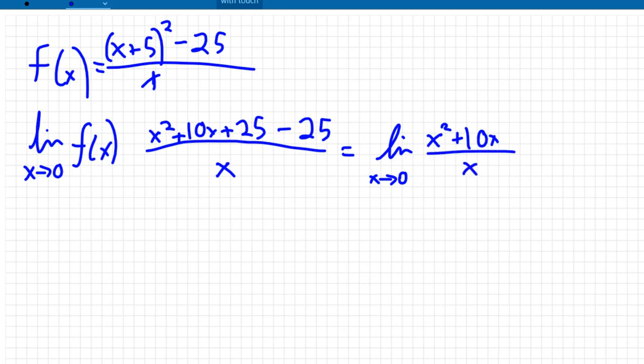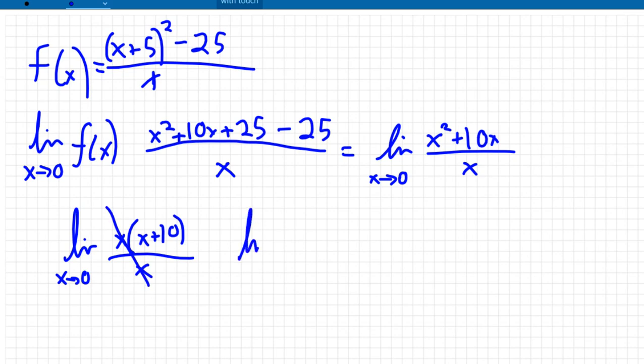and you'll see that in the numerator we have a factor of x in each of our terms, so we'll go ahead and factor that out. So we have the limit as x approaches 0 of x times (x plus 10) over x, and then these x's actually cancel out.